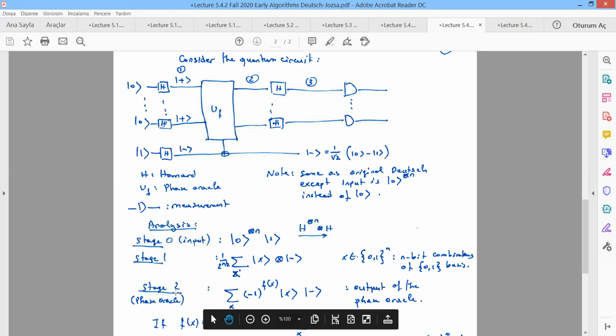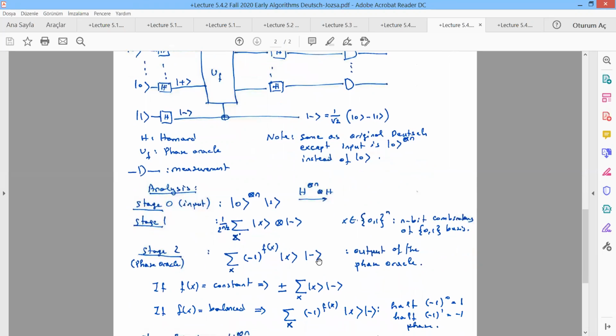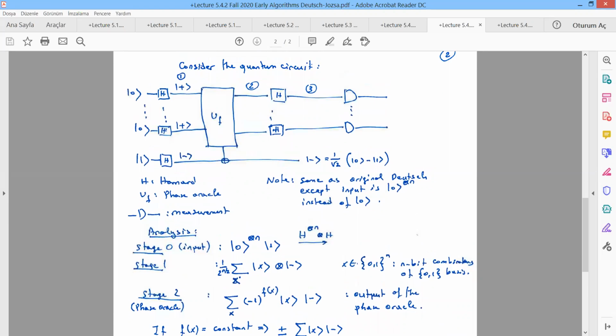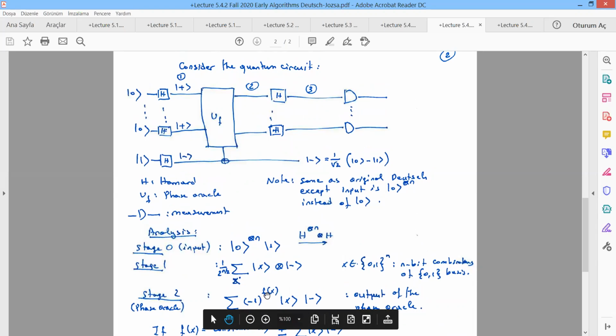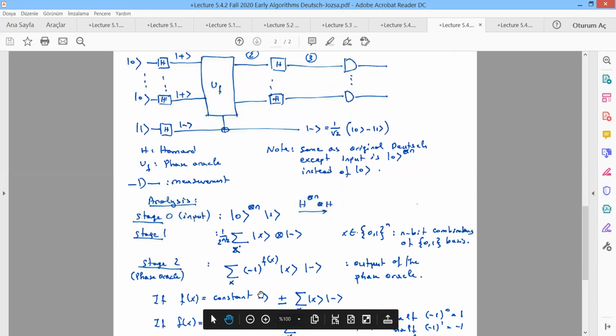Now at stage 2, we apply this phase oracle. Remember, what the phase oracle does is it brings the result of f of x as an exponent, to compute the corresponding phase. So after the phase oracle at stage 2, what we have is -1 to the f of x, ket x, tensored with ket minus, because this ket minus state is also here in the output.